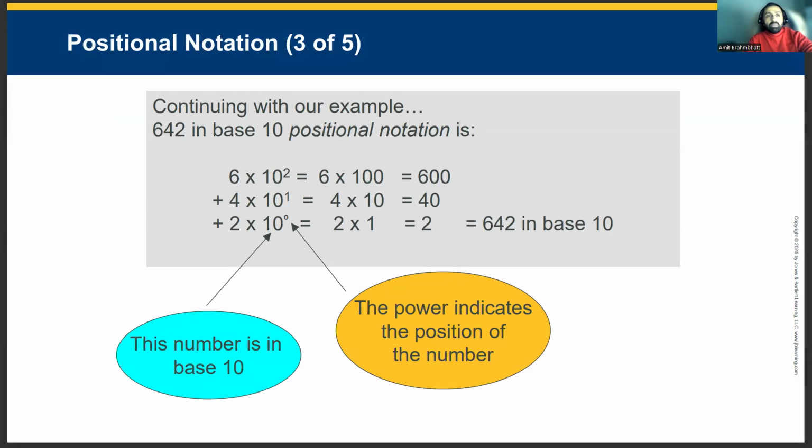Continuing with our example, the 6 represents 6 times 10 squared, the 4 represents 4 times 10 to the first power, and the 2 represents 2 times 10 to the 0 power. The exponent tells us the position of the digit and its corresponding weight.